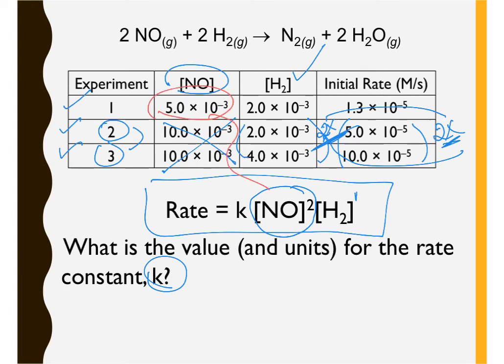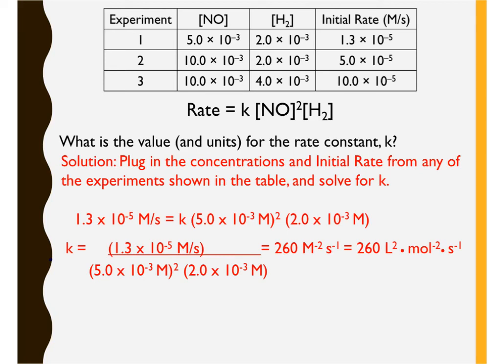Okay, so you want to plug in the value for the concentration of nitrogen monoxide, plug in concentration of hydrogen gas, and plug in the rate that goes with that, and then rearrange and solve for K. So here's the math for that. The initial rate, we did all experiment 1 here. You can use any of the experiments.